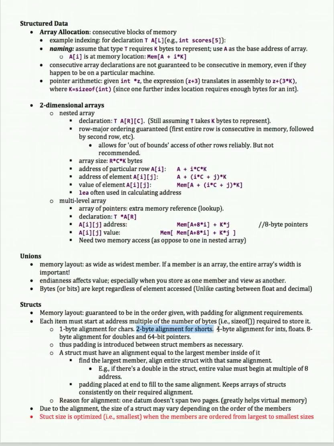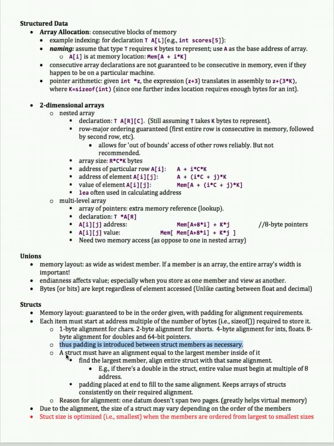A 4-byte int must start at multiples of 4, and float as well, and 8 bytes for doubles and pointers. Okay. In order to keep this alignment, we had padding, or dummy bytes, inserted to fit the alignment.